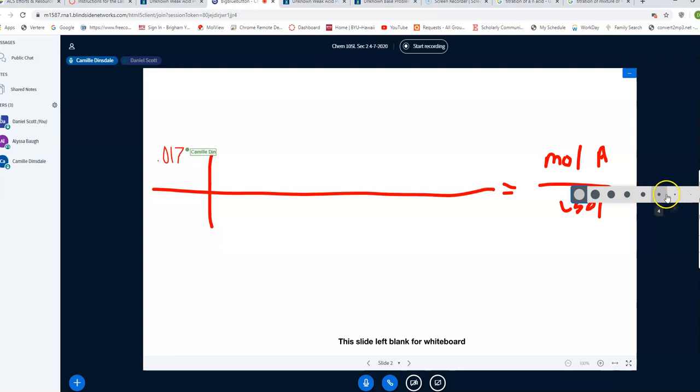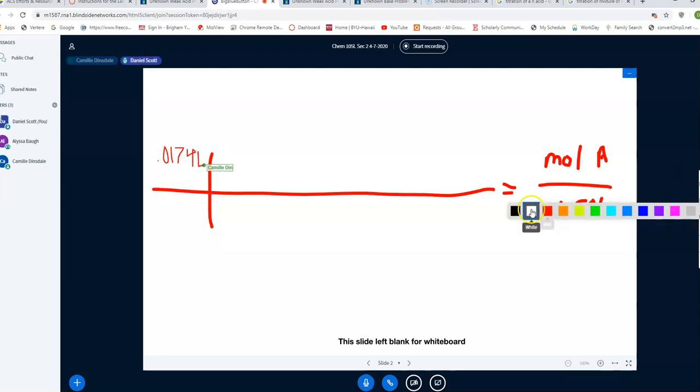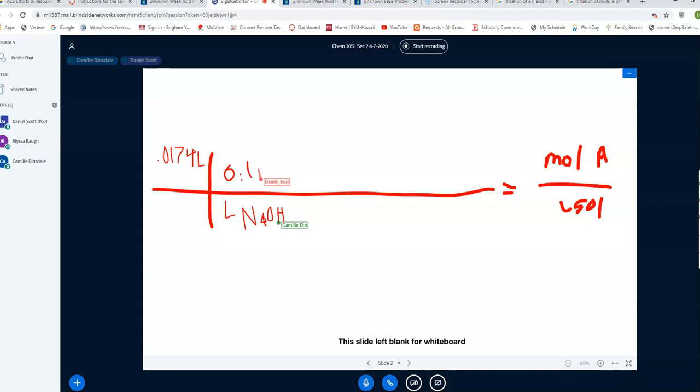This is so hard to write out. Yeah, it's lame. And then this goes to liters of NaOH. Uh-huh. 0.1 moles. And then, is this 1-to-1? Yeah.